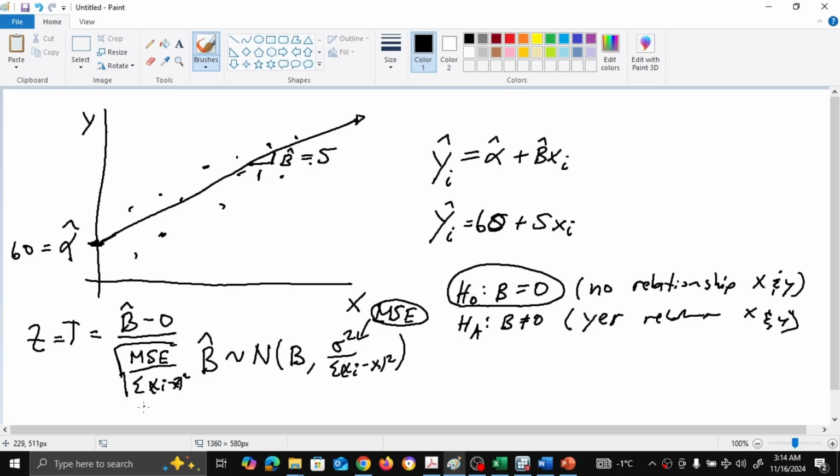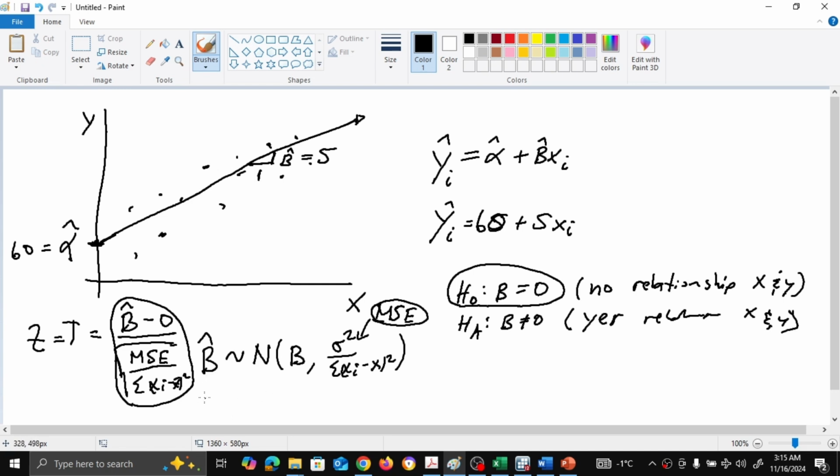And bam, you can get your test statistic here, and see if that is beyond the cutoff points or not. If it's beyond the cutoff points, you're going to reject the null. It's as easy as that, okay? So that's how it'll work.